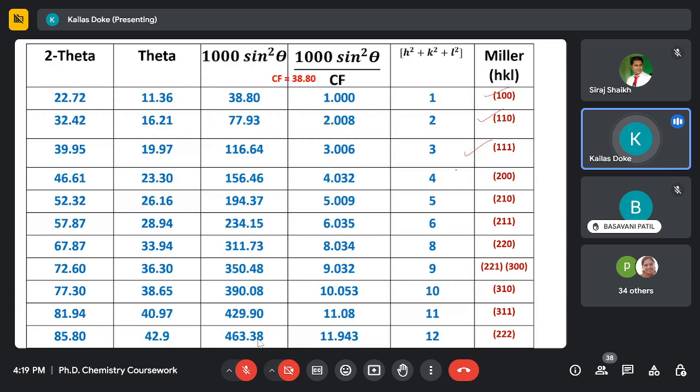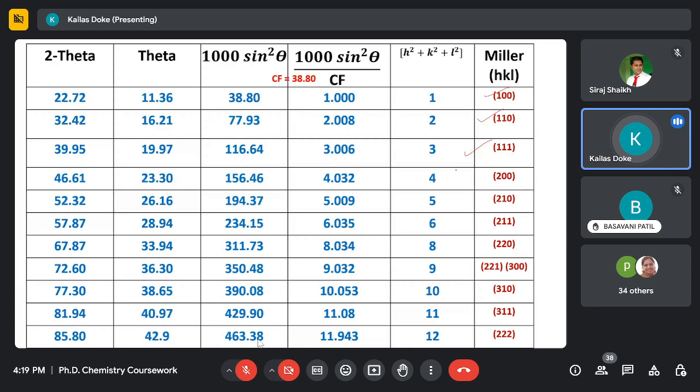So 2 square is 4, 1 square is 1, 0 square is 0. The total of h square plus k square plus l square will be 5. Similarly for 6, only one possibility of indices, 211.